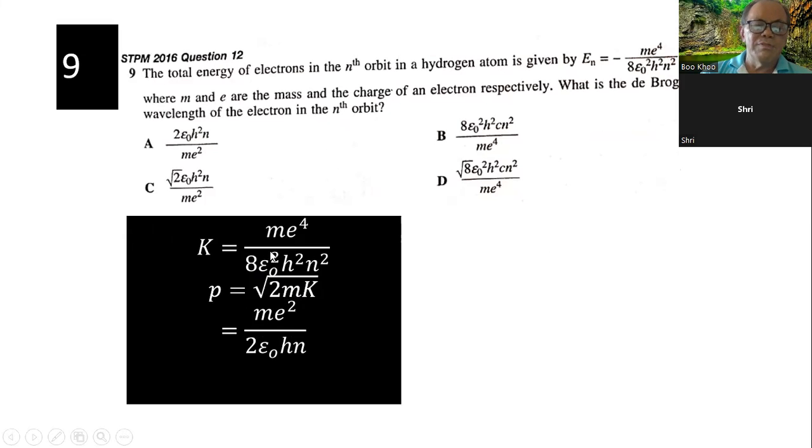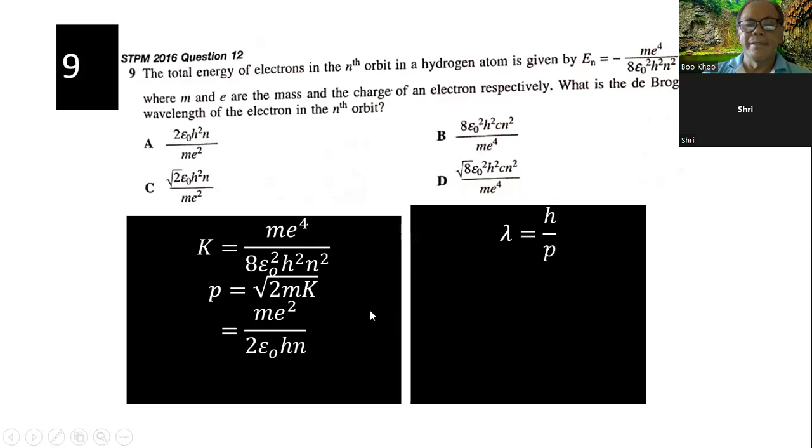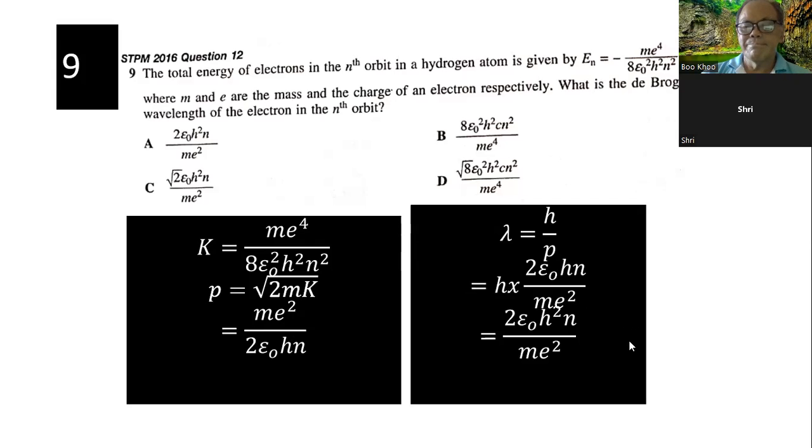Then square root of this one, you get epsilon naught. Square root of this one, you get h. Square root of this one, you get n. Okay. And the de Broglie relation, put in your value, h over your momentum. That's all. The answer is A.